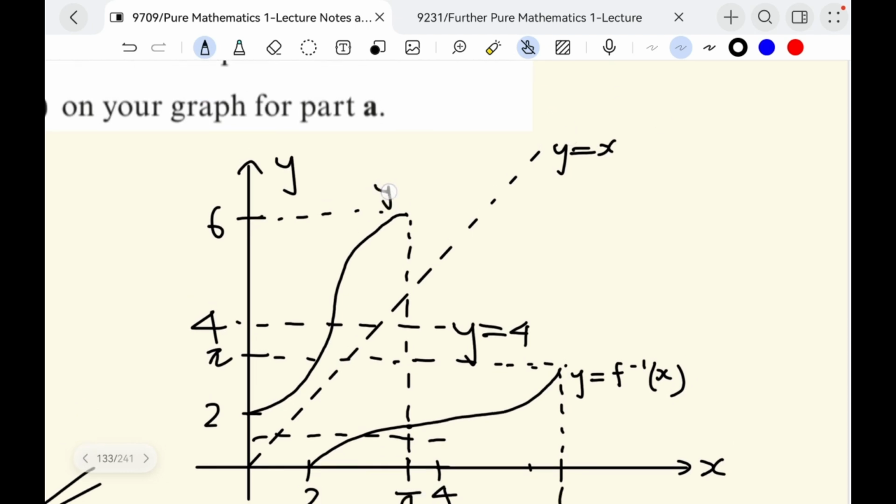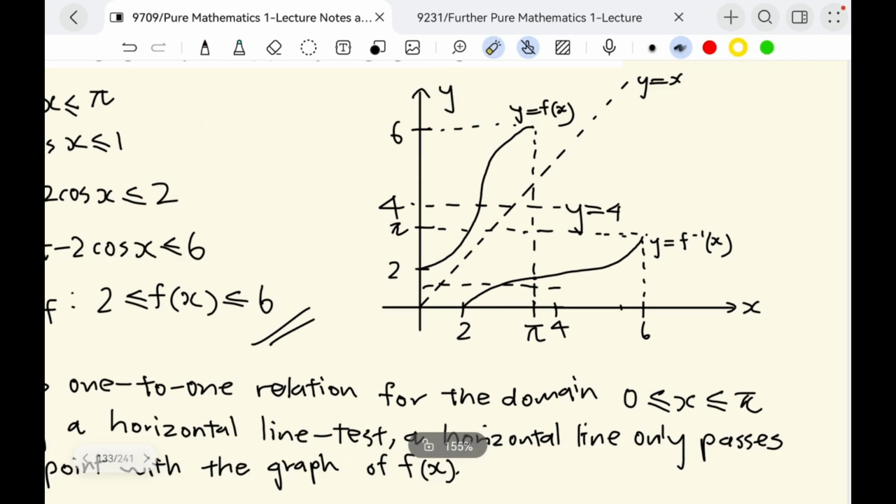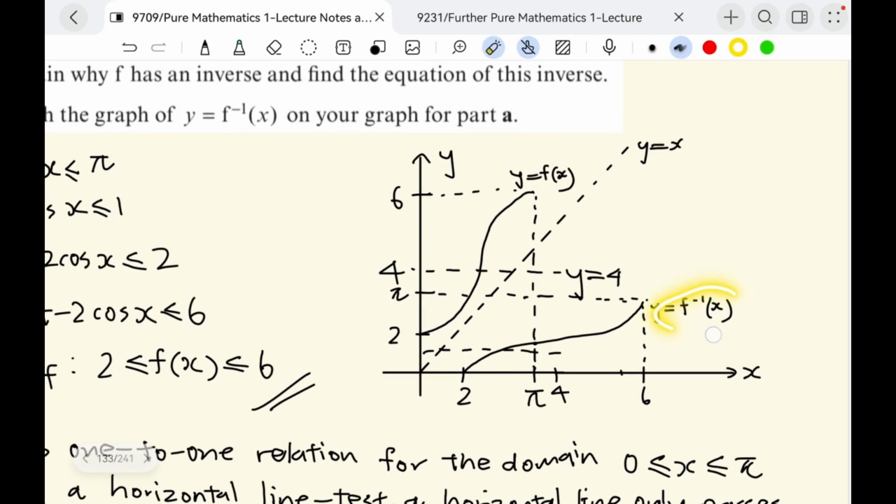Where this is y equals f(x). As you can see, f inverse x is just the reflection of f(x), particularly for this question only. But I don't know how f(x) and f inverse x relate for other functions using y equals x.